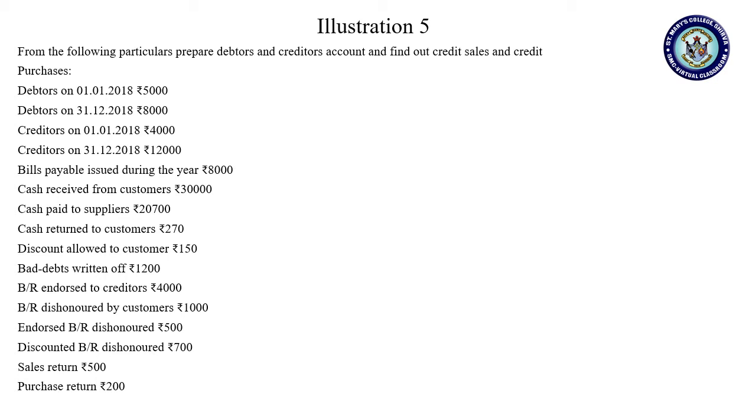So 500 is an expense for you because you are not receiving that money. Expenses means debit. So discount allowed account debit to debtor's account, because it is my expense, so it is debited.